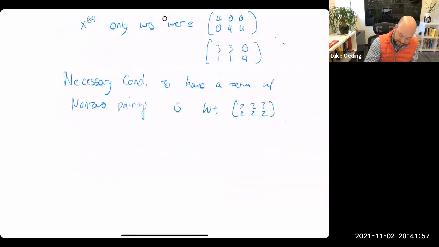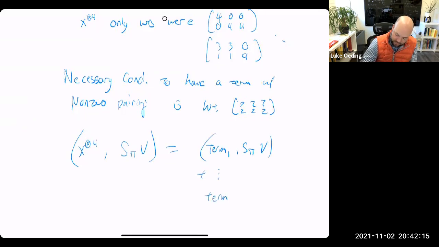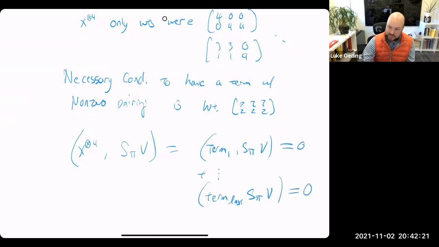So we have this bilinear pairing, right? We have X tensor to the 4th with S pi of V, and this is equal to term 1 with S pi of V plus ... plus term last with S pi of V. And what we showed is that every single term in this expansion is 0.